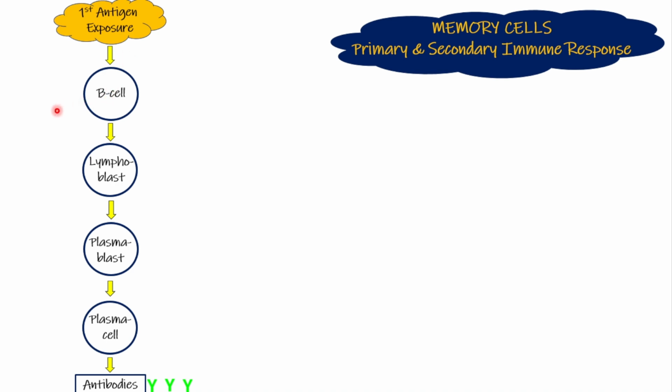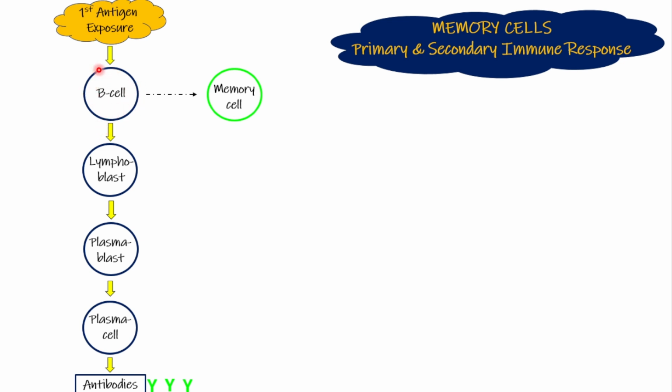Another interesting feature is that whenever there is exposure to the antigen, the B lymphocytes will also produce memory cells. These are memory B cells, memory cells of this specific clone of B cell.